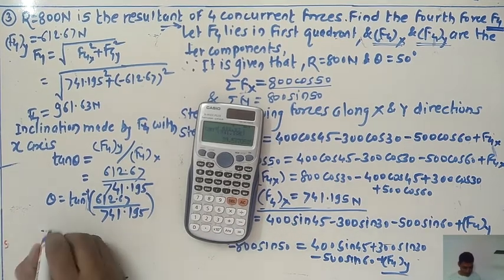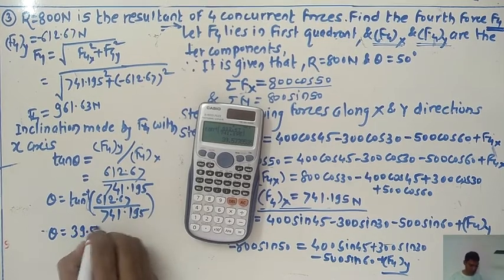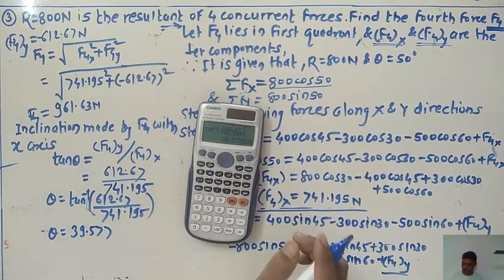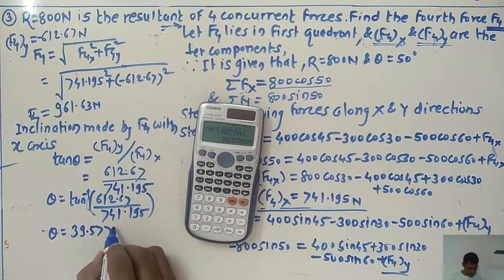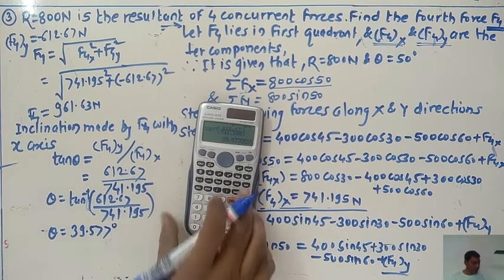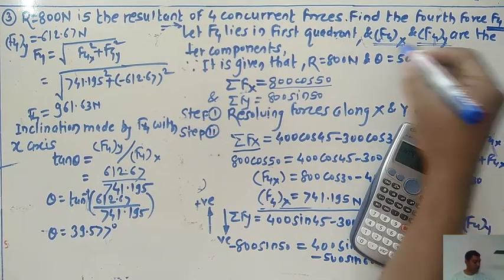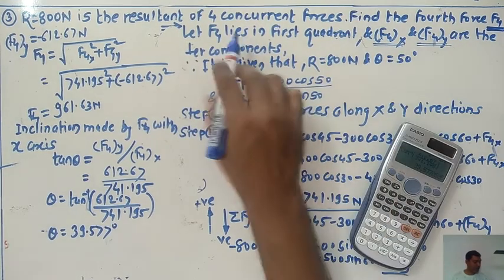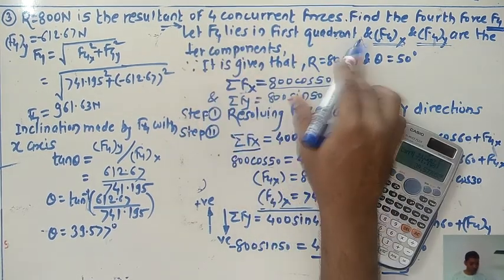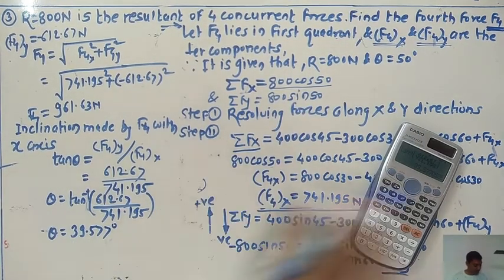After calculation we found the value for theta is 39.577. Now my target is to get the location of that particular force. Our assumption was that the fourth force lies in the first quadrant, but after doing the calculation, focus on the signs.